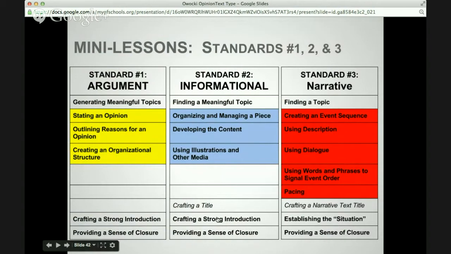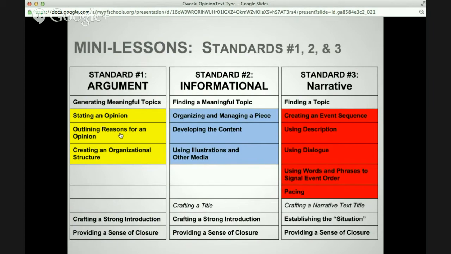All of them have strategies for teaching strong introductions and providing a sense of closure. Informational and narrative are the only two that have to work with creating a title. But oh my gosh, this simplifies it for me. Because you know what it says?